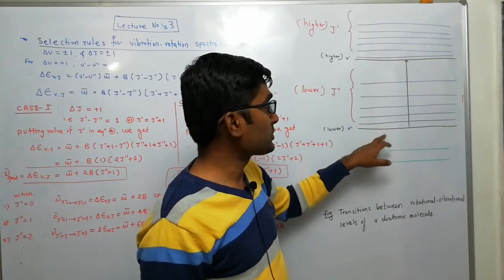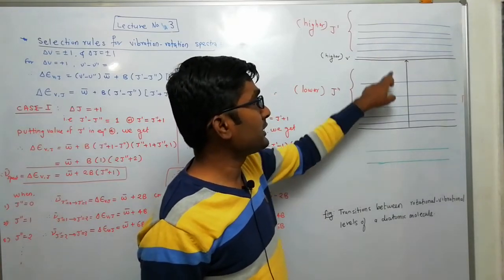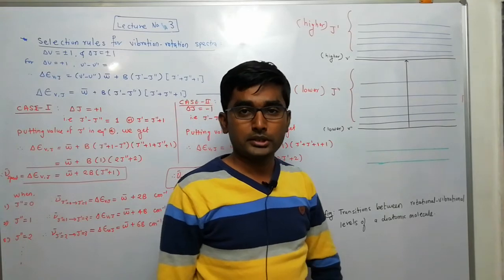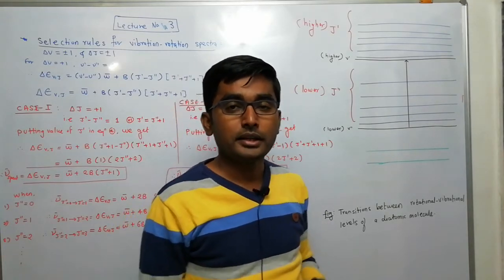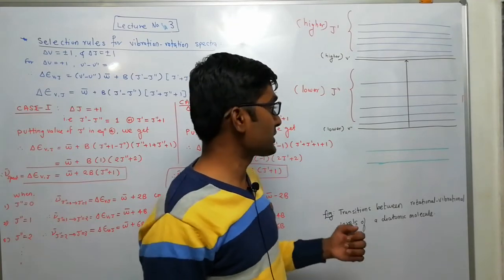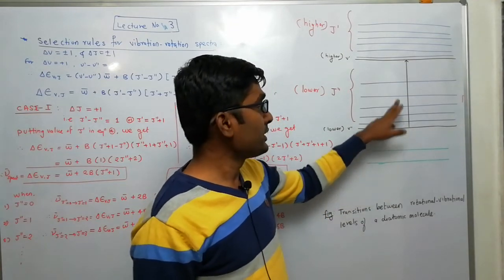Why? Because the vibrational energy is larger than the rotational energy, as we have seen in the previous lecture. If this concept is not clear, then please watch the previous sessions, part 2 and part 1.